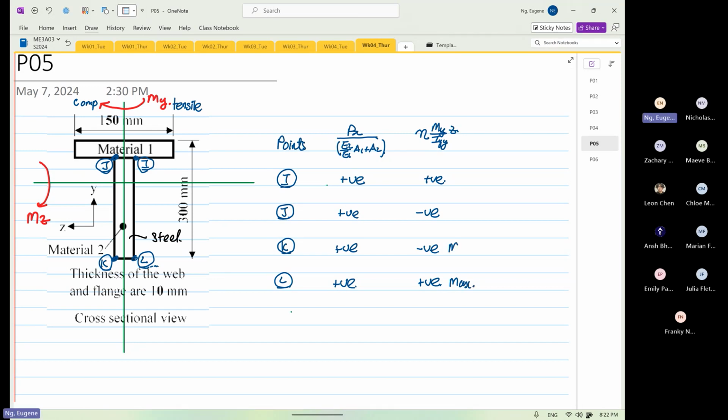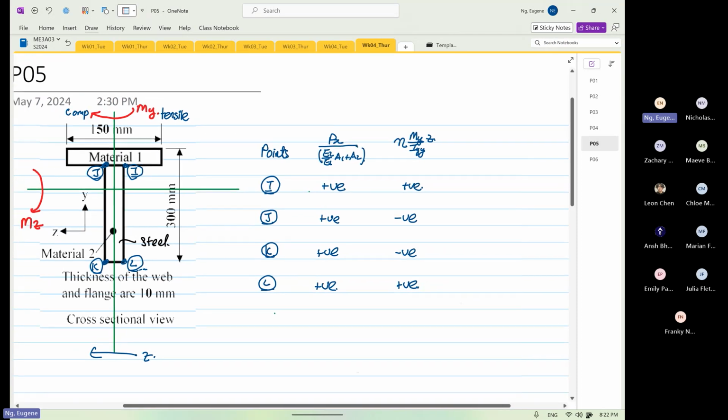Okay, this is the maximum in compression. I and J will not be maximum because of the... oh, maybe I'm wrong. Hold on. We're looking at My now, moment about Y. So we have to focus on the Z distance. Okay, you have to be careful here. The Z distance for K and L or I and J are the same. Okay, so there's no concern. In the other direction, there's an issue.